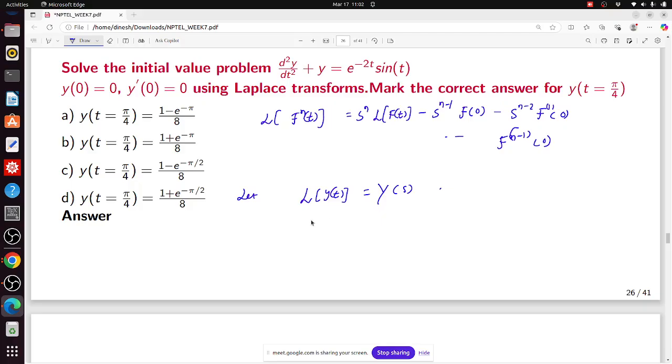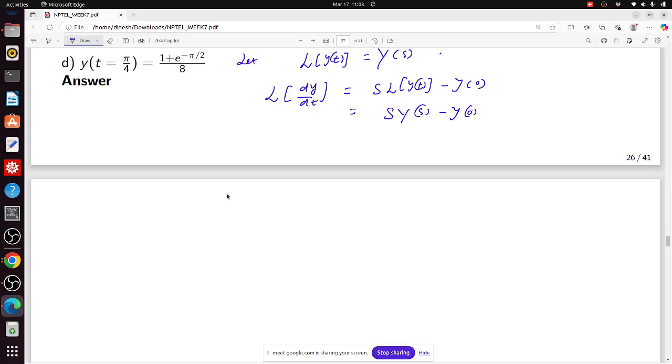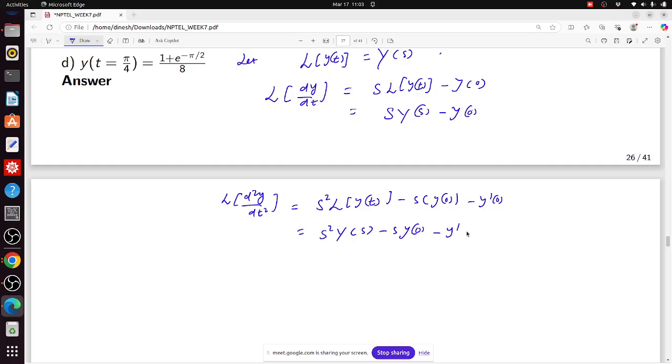So the Laplace transform of dy by dt is equal to s times the Laplace transform of y(t) minus y(0), which is equal to sY(s) minus y(0). The Laplace transform of the second order derivative d squared y by dt squared is, again using the same formula, s squared L of y(t) minus s y(0) minus y prime of 0, which is equal to s squared Y(s) minus s y(0) minus y prime(0).